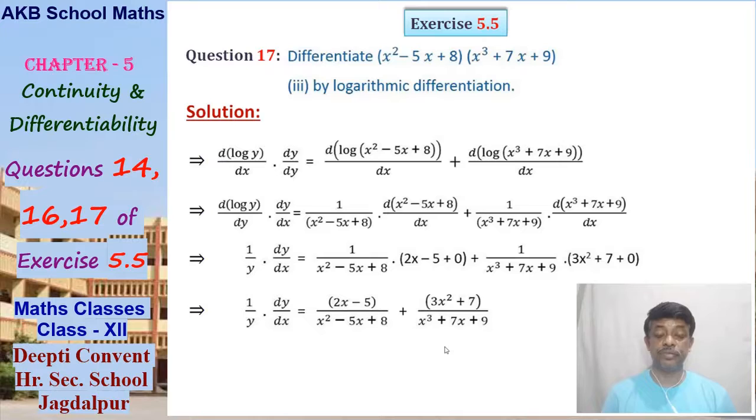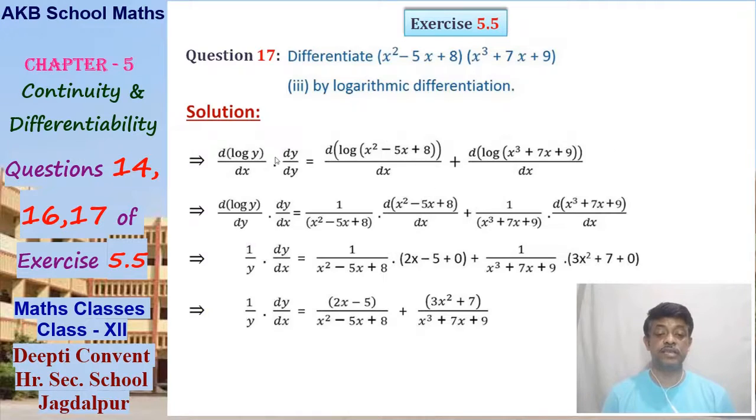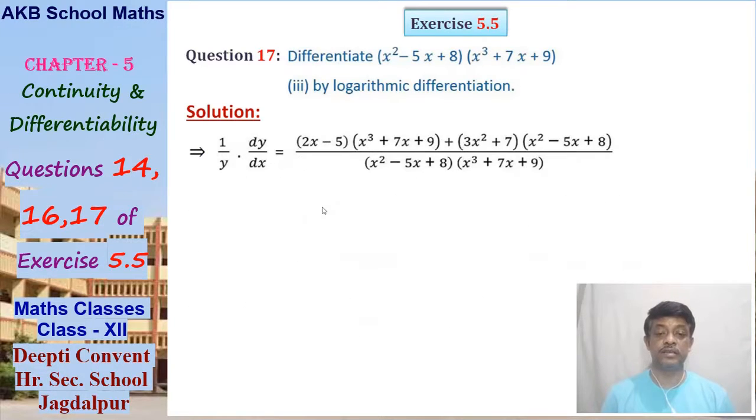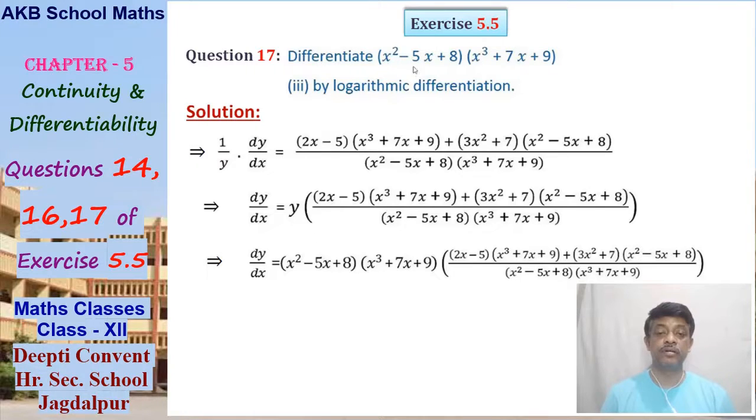Now taking the LCM we can solve it like this: this into this plus this into this on the right-hand side. Then taking y to the right-hand side as a product, now put the value of y, this into this.